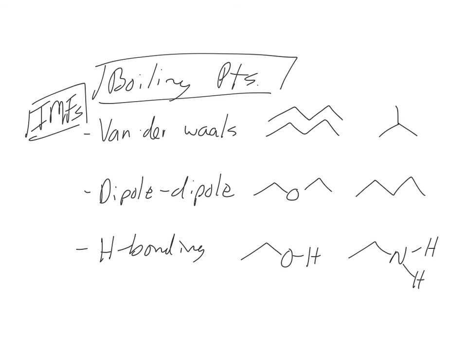Good. So those are the 3 things that affect boiling points or melting points or any of those kinds of forces. To be fair, I should probably make that a methyl, because I don't know if a primary amine, because it has two H's, might be different.